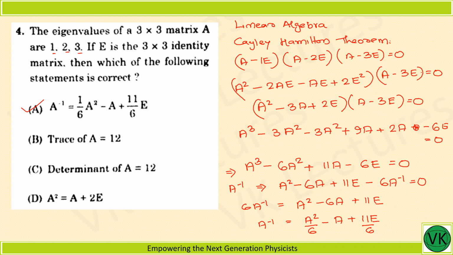Now trace of A is not equal to 12, determinant not equal to 12 because determinant is equal to lambda 1, lambda 2 and lambda 3, and the sum of eigenvalues is the trace, it should be the sum.